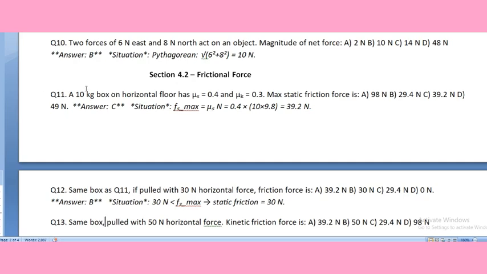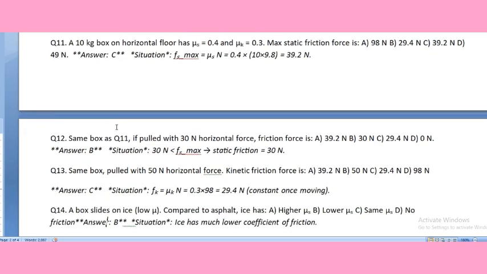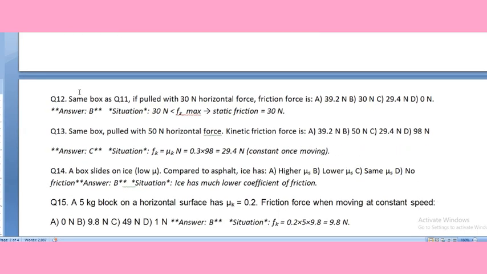Inserting the given values, the mass is 10 kilogram and gravitational field strength is 9.8 meter per second squared. The product of the coefficient of static friction times mass times gravitational field strength equals 39.2 Newton. So the correct answer is C. The next question.